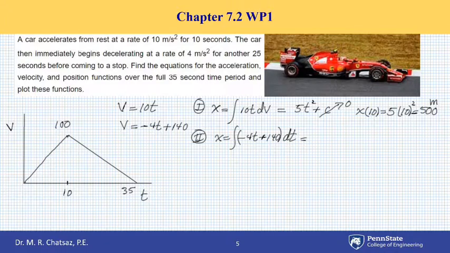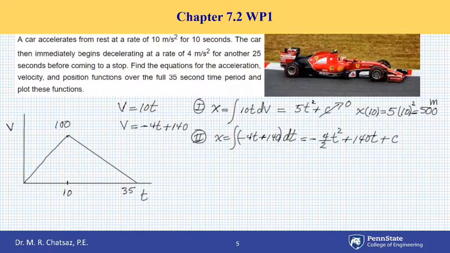Integrating this, we get minus 4 halves t squared plus 140t plus some constant of integration, which can be evaluated as follows.